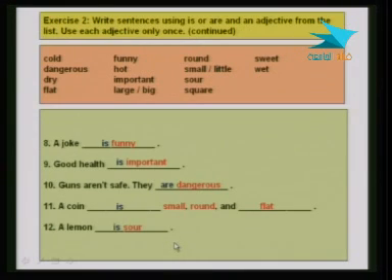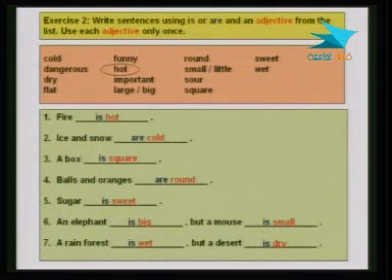That is the end of this exercise, and with it we come to the end of this session. So let's just get back a little bit to review the beginning of this exercise. Again, here, these are all adjectives, okay?